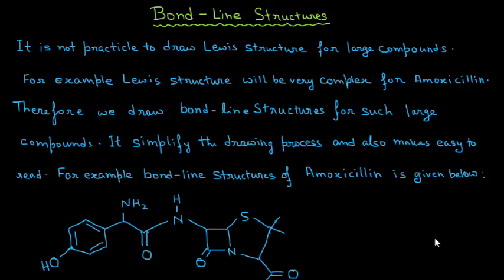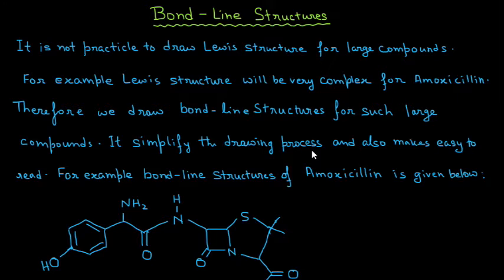The next topic is bond line structure. It is not practical to draw a Lewis structure for a large compound. For example, the Lewis structure will be very complex for amoxicillin.